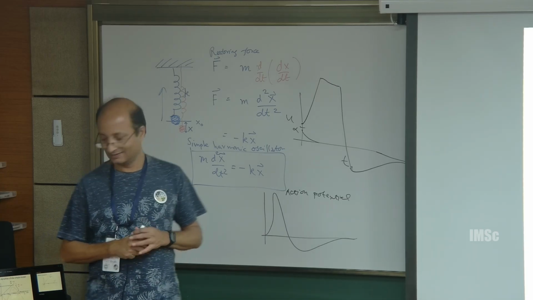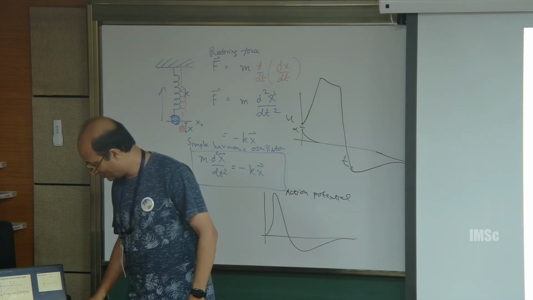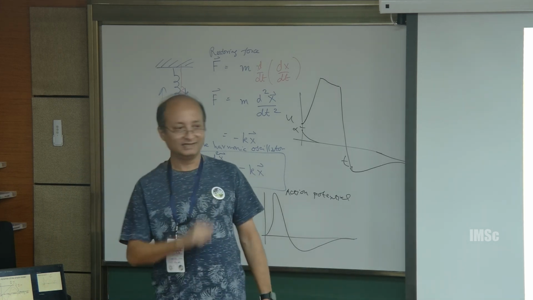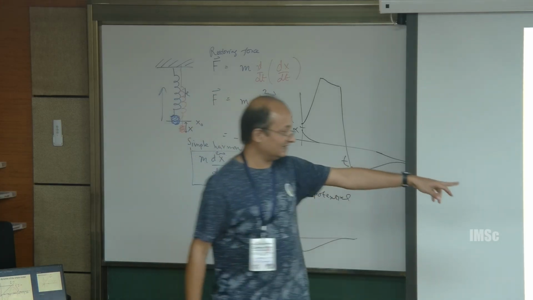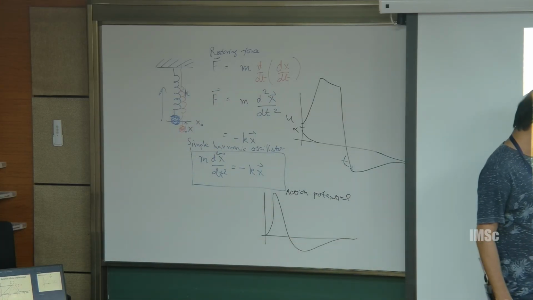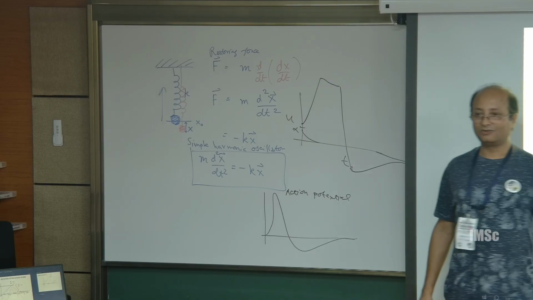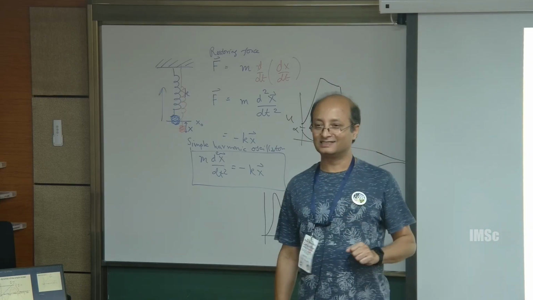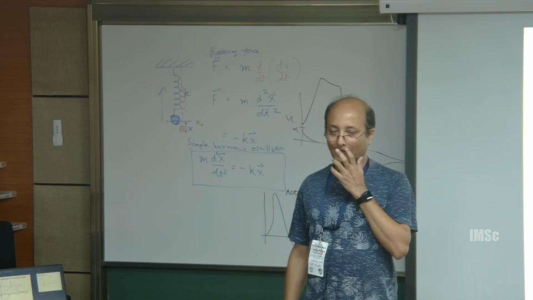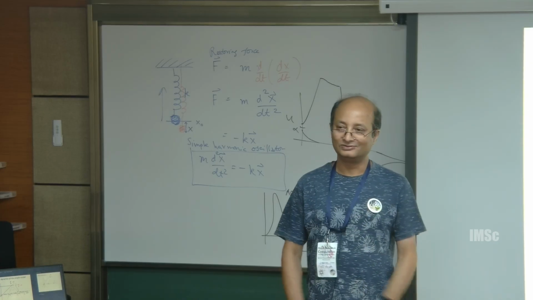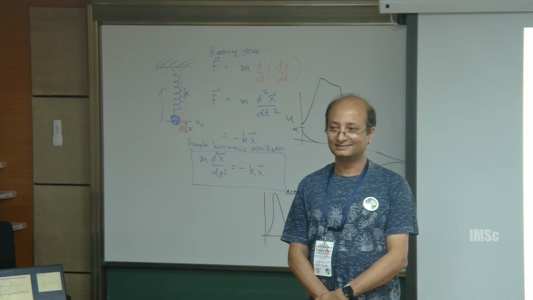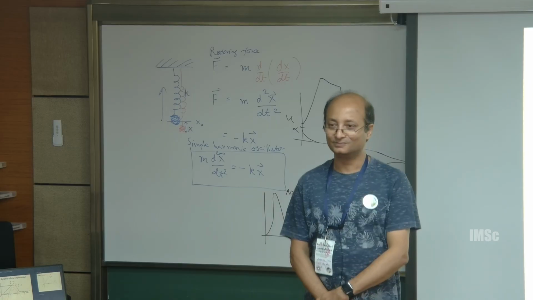Now I said the initial condition can cause me to go this way or this way. Suppose the neuron is in the resting state. How do I make it show me an action potential? The initial condition is 0, 0.